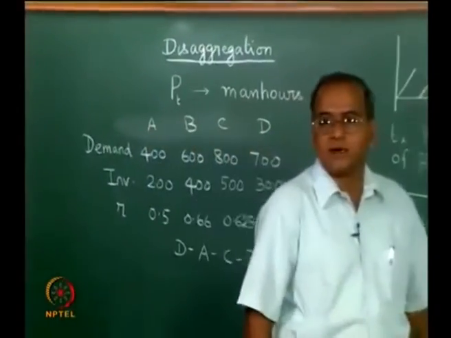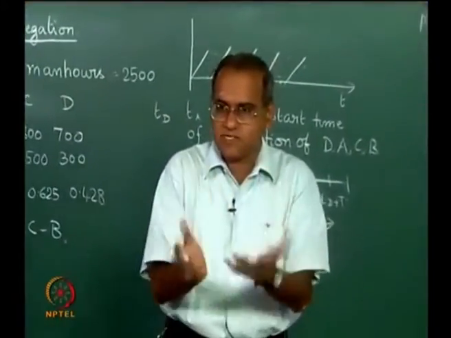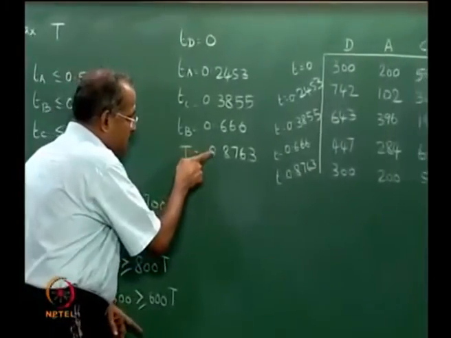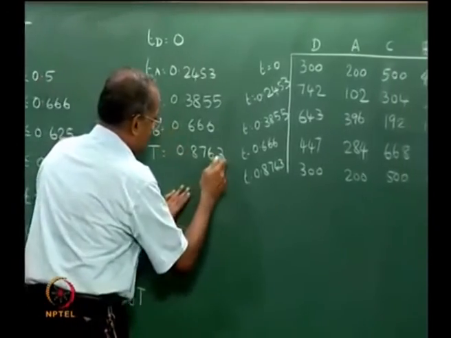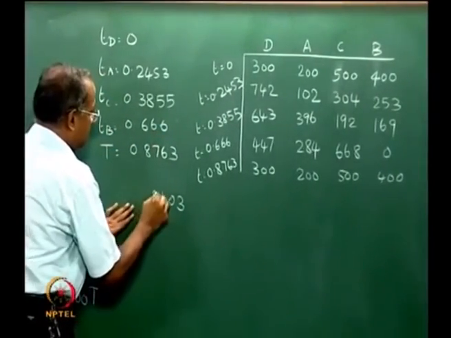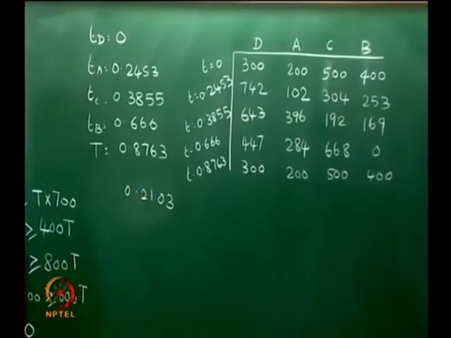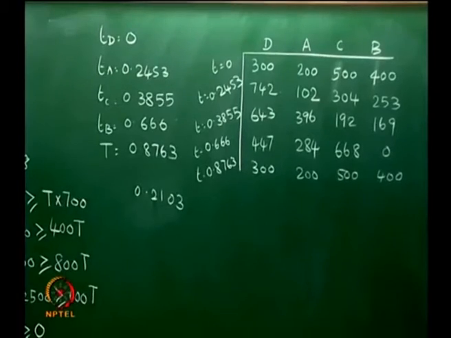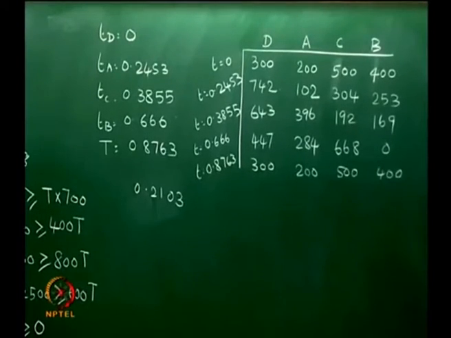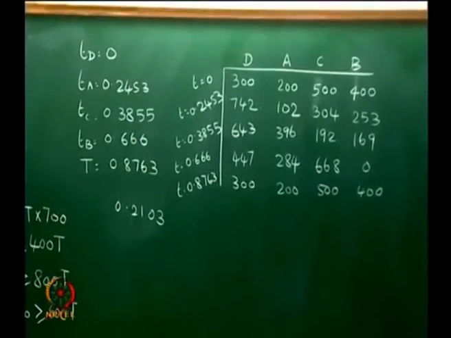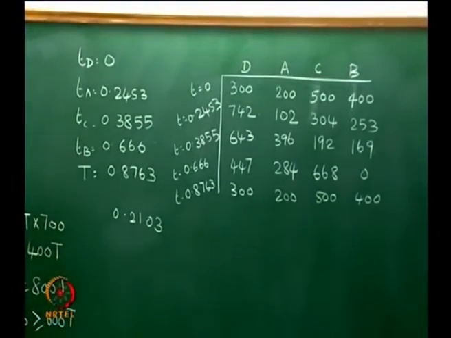So, 1900 is the rate at which inventory is building up, and that inventory is building up for a period of 0.8763 minus 0.666, which is 0.2103 periods. So 0.2103 into 1900 is 399.57, which is rounded off to 400.